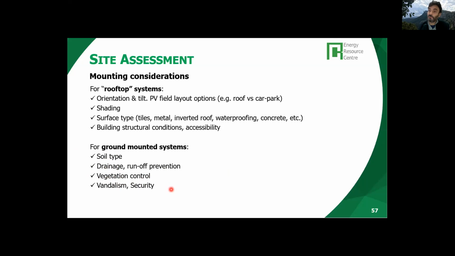Today, we don't have a tree in front of the PV panels, but after 5 years, we can have something. So we need to plan if something will grow and will cast some shade on the PV panels. If we are on the ground, be careful about potential risk of security, of theft, vandalism, etc.